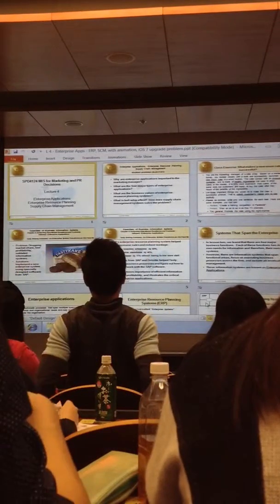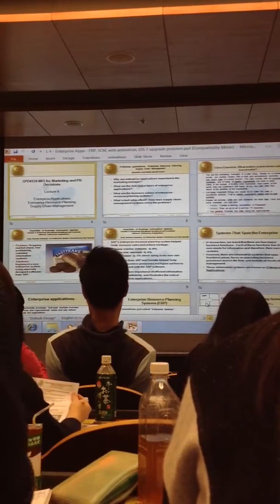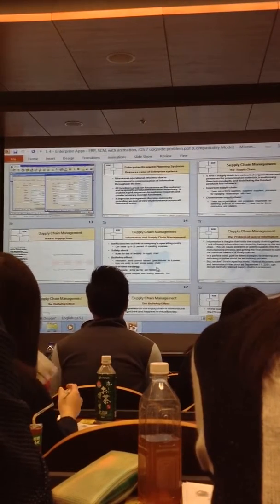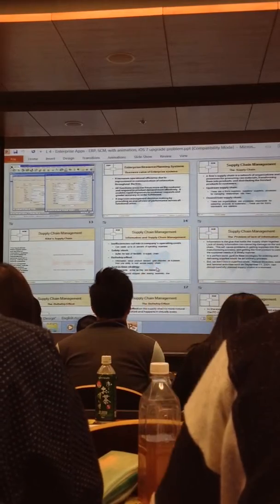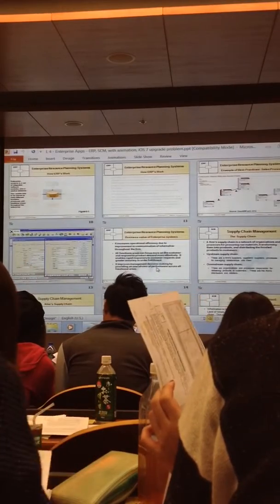Now basically, the beginning of lecture 4 tells you there's a thing called enterprise applications, okay? And then we focus on only two kinds of enterprise applications. The first one is SCM, Supply Chain Management. Of course, there are some screens and diagrams to help you understand.